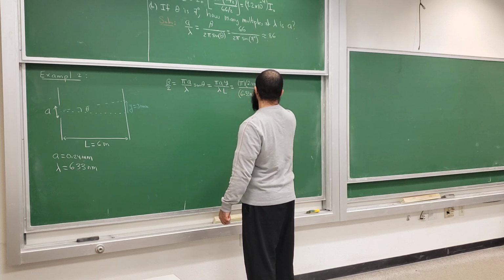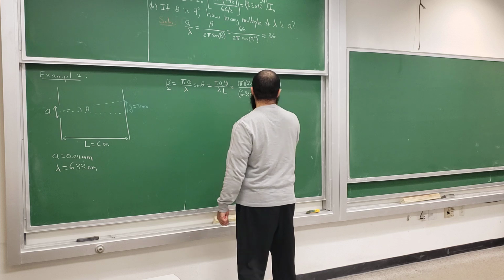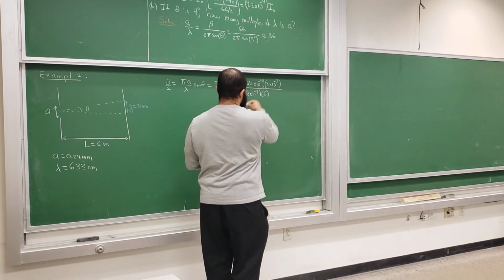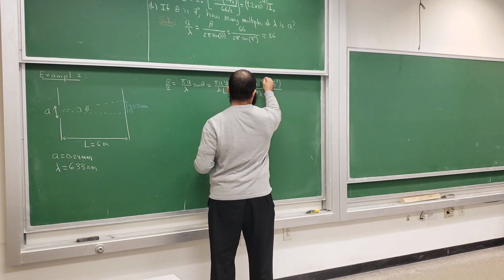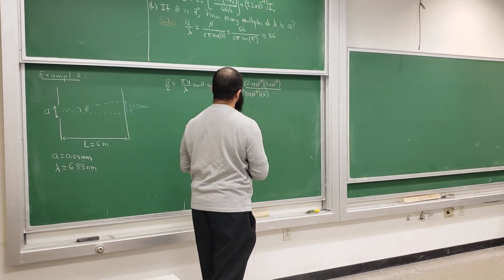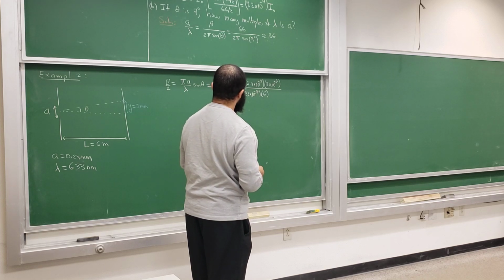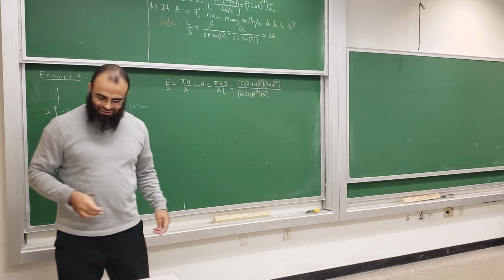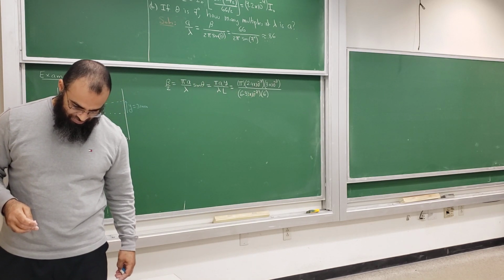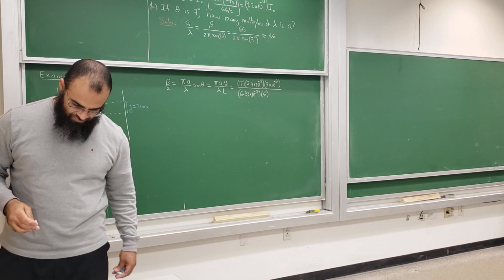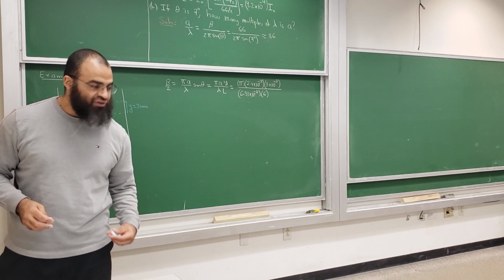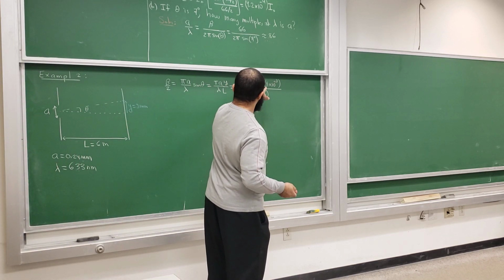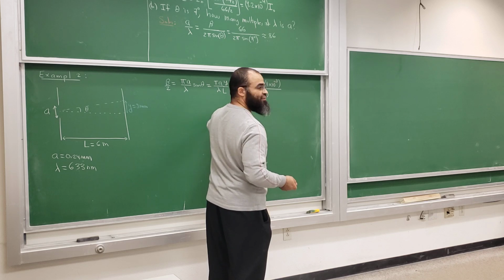L is 6 meters. 10 to the minus 4 times 10 to the minus 3 is 10 to the minus 7, but we have 10 to the minus 7 on the bottom, so these all go away. Then we multiply those, and beta over 2 comes out to be about 0.6 radians. Is that true? 2 times 3 is about 6, and then pi over 6 is about a half.